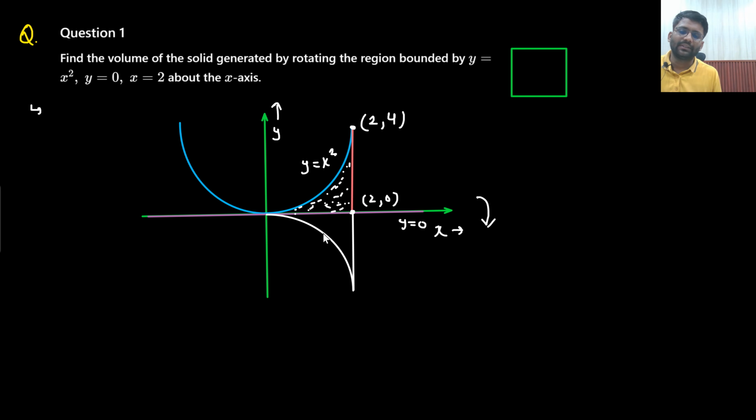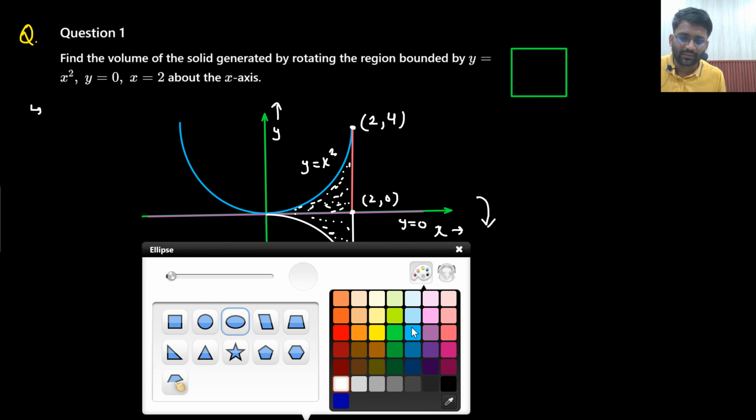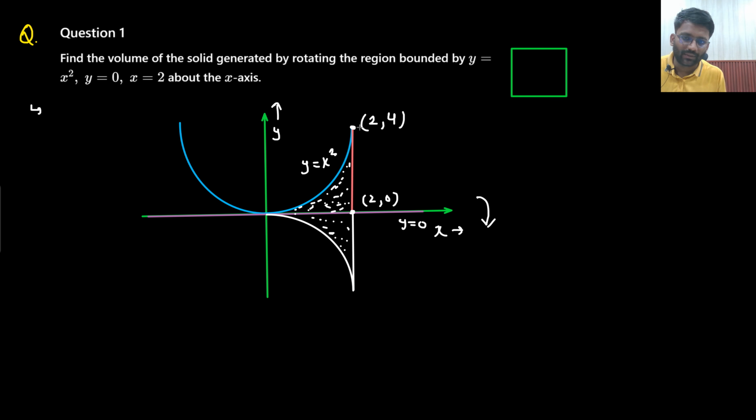Okay, so this is the mirror image, and this is how we need to rotate. And once we rotate, what do we get? We get circular paths, right?